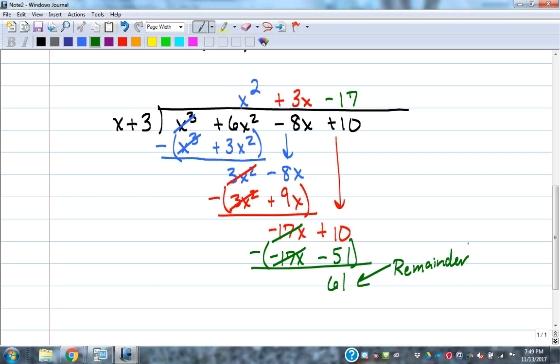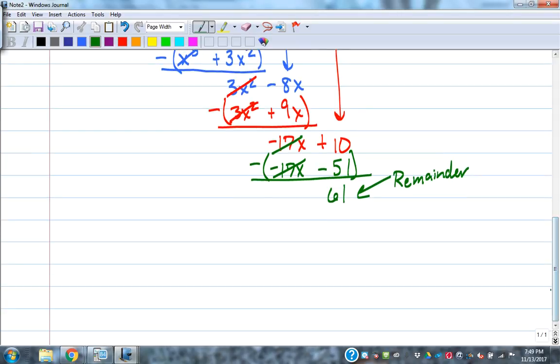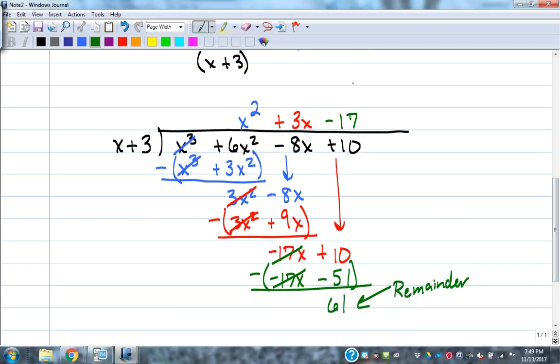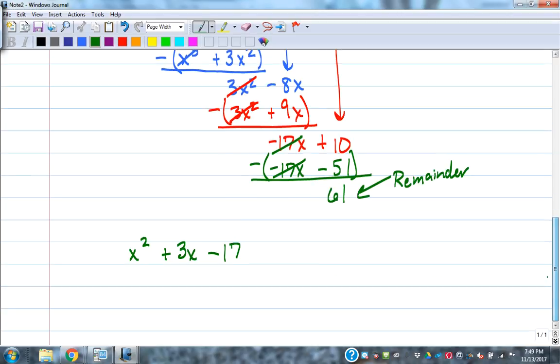Okay, so we can write our answer: x squared plus 3x minus 17. That's all the stuff we wrote up top. Plus the remainder over what we divided by.